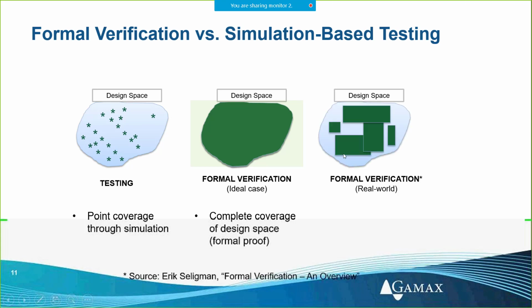So in reality, we can cover some of these areas with formal methods, and then we can include some of these dots in the design space, and this is how we can achieve much better testing. This part is what is missing in most workflows.